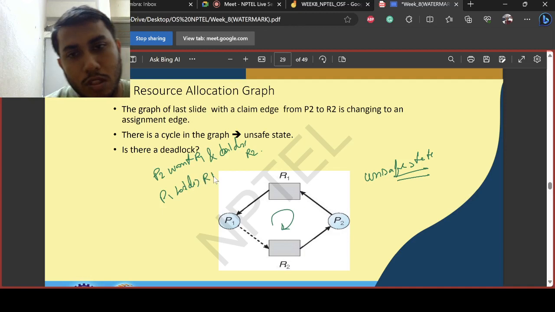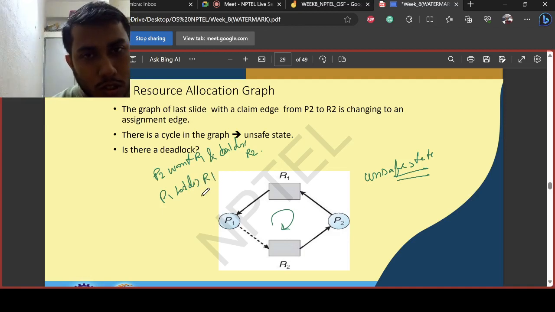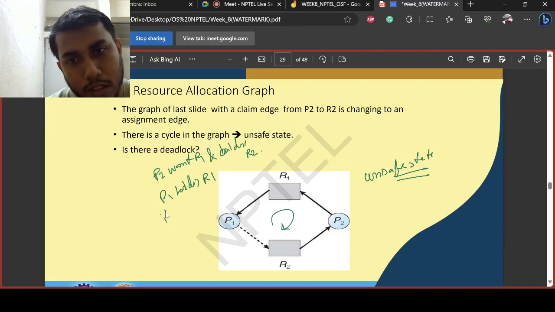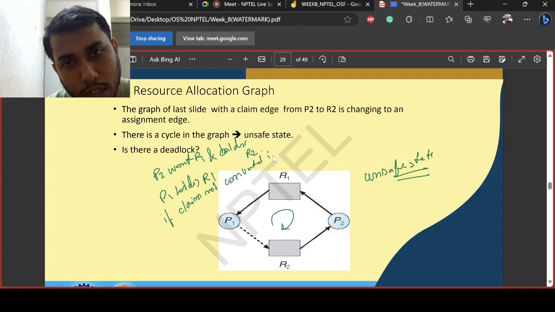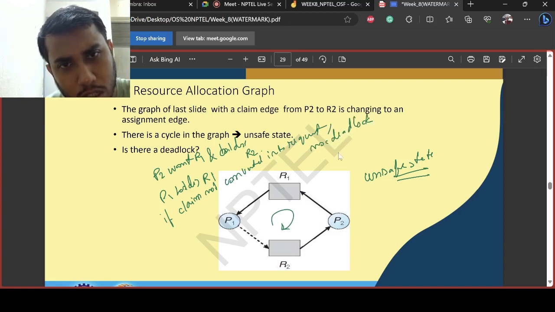So if this claim doesn't convert into a request, there is no deadlock, else a deadlock.